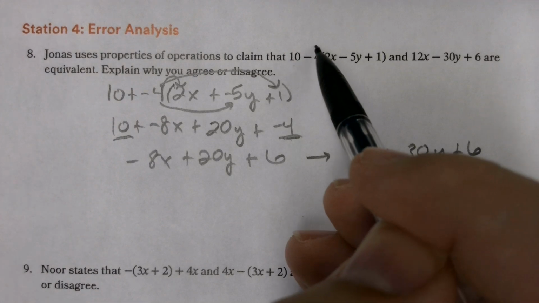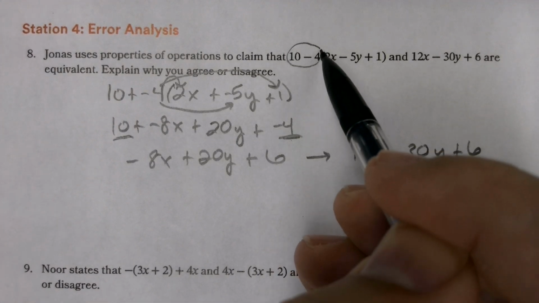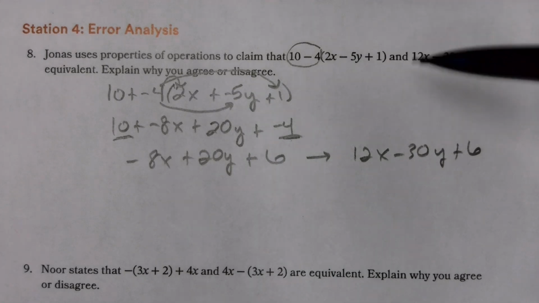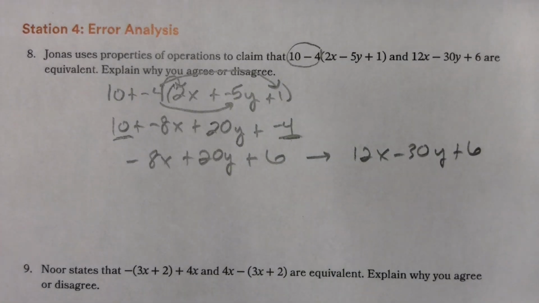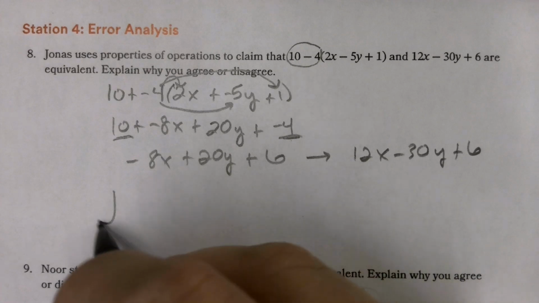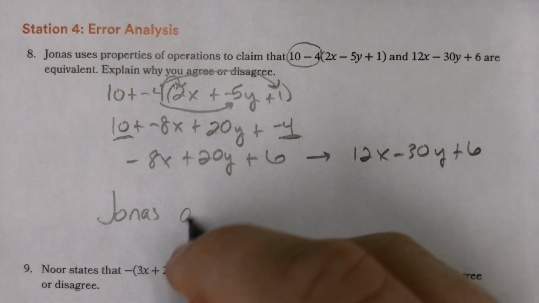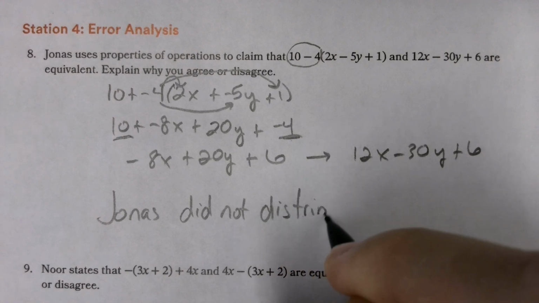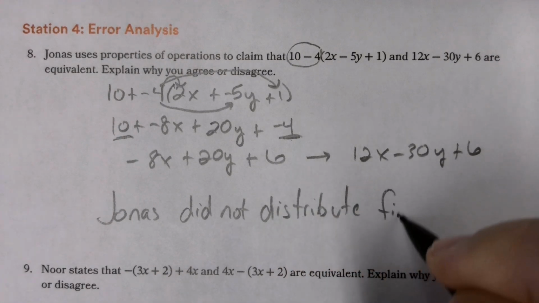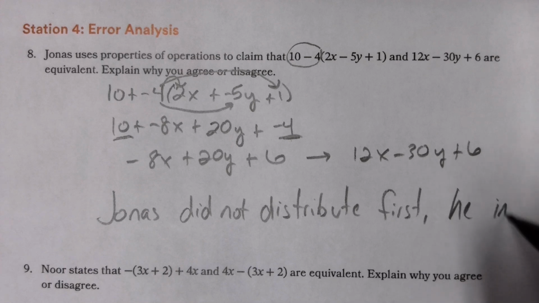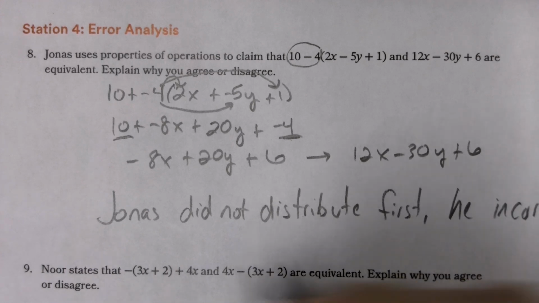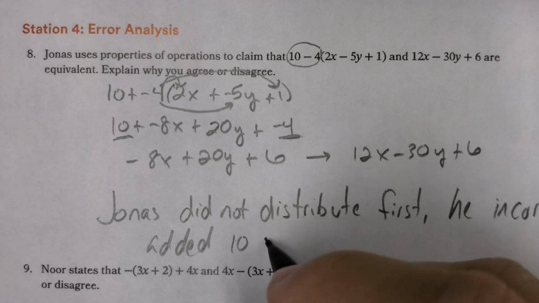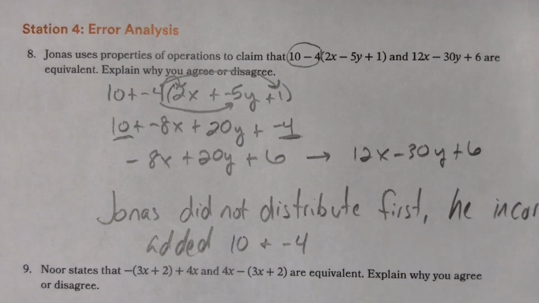Well, I think Jonas forgot that you can't combine like terms first, that you have to distribute first before you combine like terms. So we would say Jonas did not distribute first. He incorrectly added 10 and negative 4.